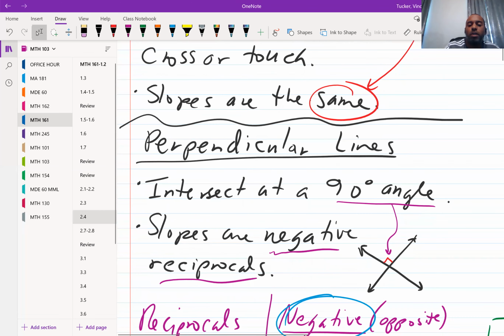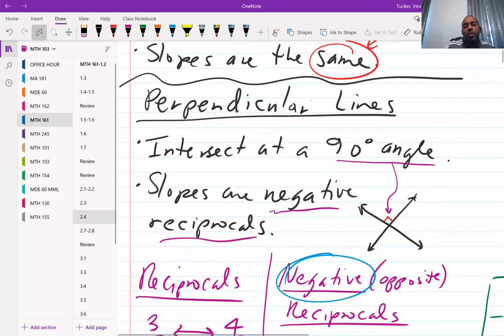All right, scrolling up. So let's make sure we're okay with what it means to be a negative reciprocal.